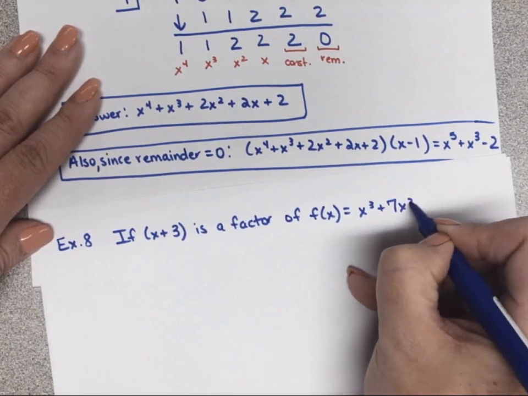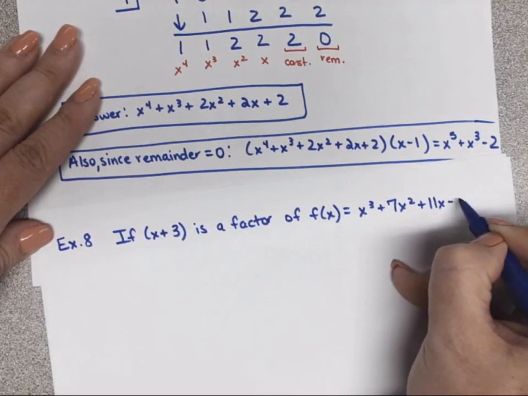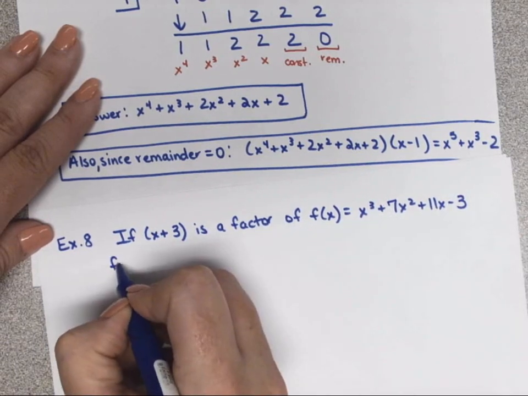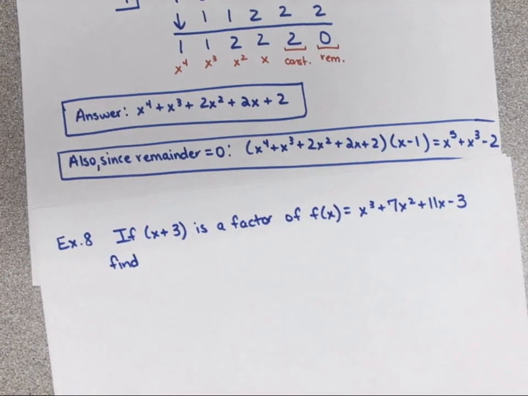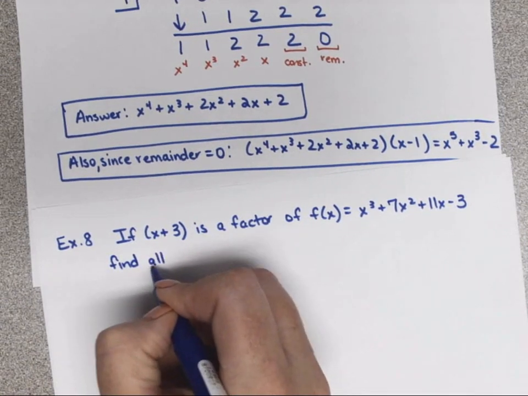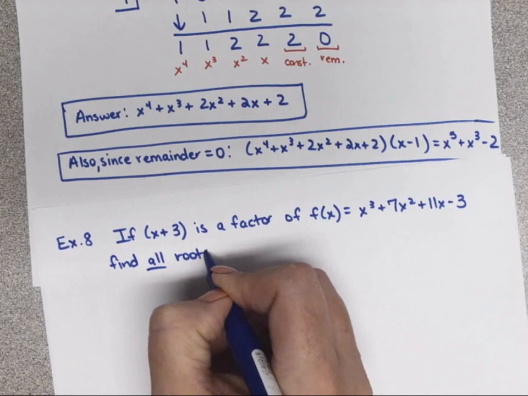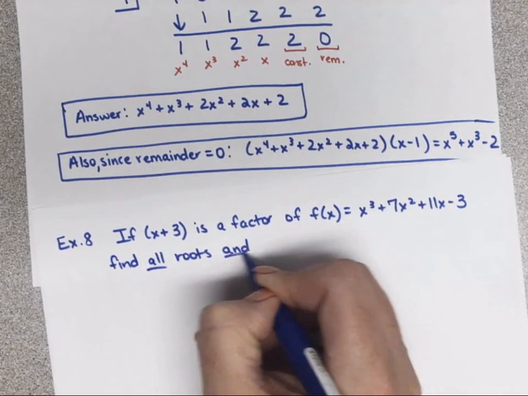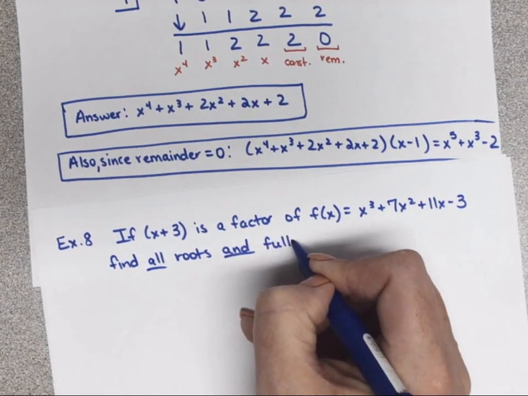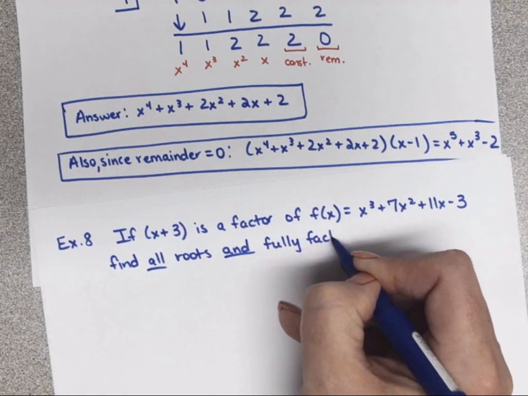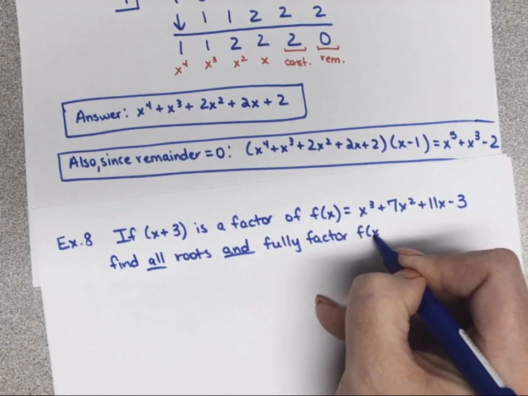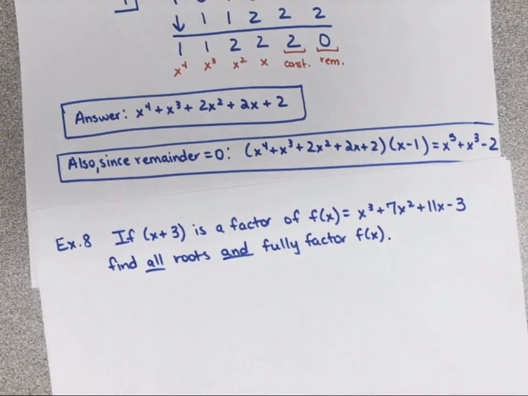So a lot of times on test 2, this is actually how I might word a problem like this. I might say, okay, if I know x plus 3 is a factor of this x cubed equation, then I want you to find all the roots, and I want you to fully factor f of x.